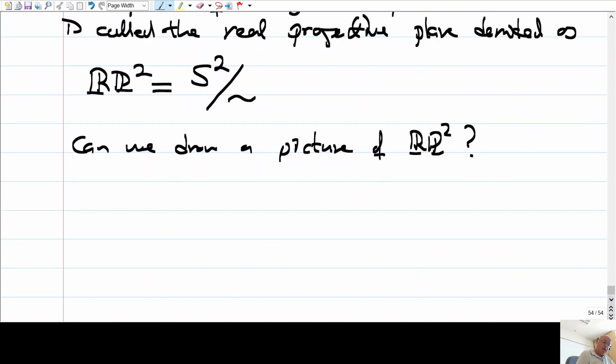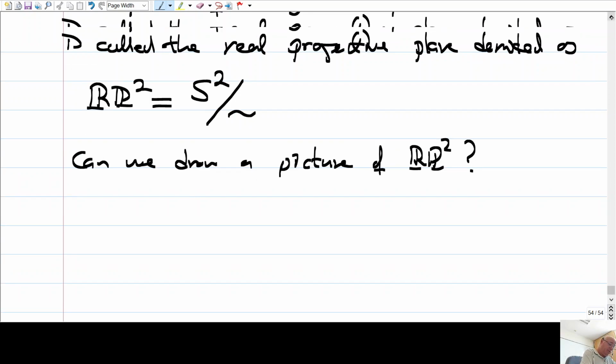Let's see. Drawing a picture means you have to draw an object so that every point on the object corresponds to a unique point on that set, right? So there should be a one-to-one correspondence between the object and its image.